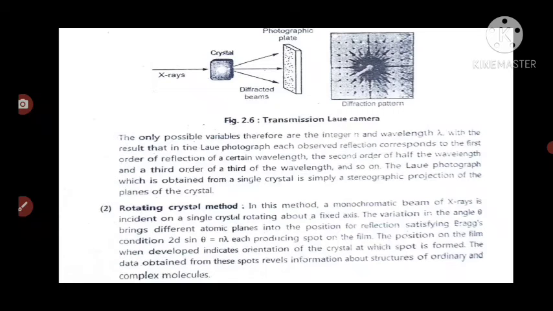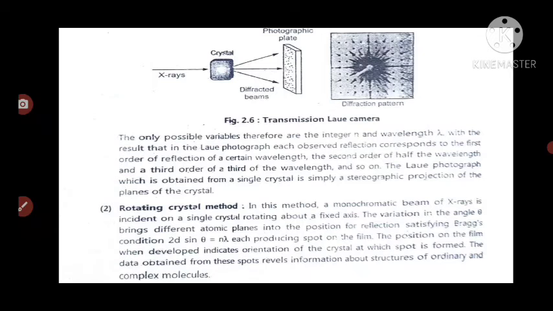The beam radiation is diffracted, and this is observed on the photographic plate, as shown in the figure. Now the next figure shows the diffraction pattern photograph made by Laue, which is obtained from a single crystal and is simply a stereographic projection of the planes of the crystal.